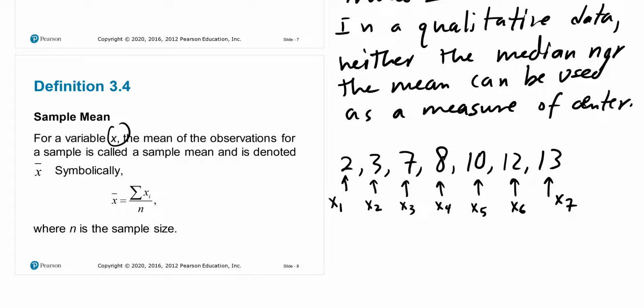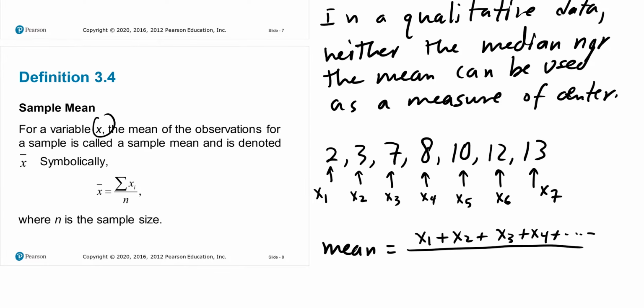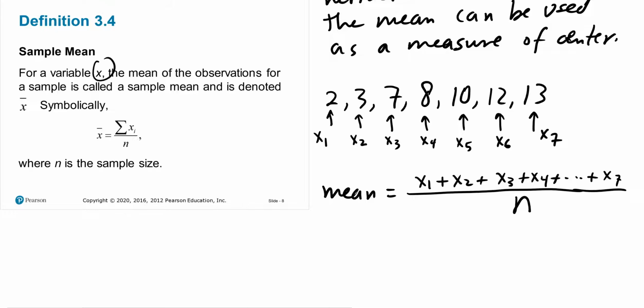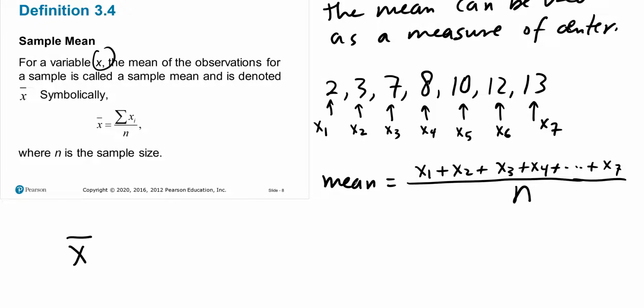So if I want to find the mean for this, as we showed you earlier, you add them all up: x1 plus x2 plus x3 plus x4 all the way to x7, divided by how many entries you have. But instead of writing it this way every time, we use x bar. X bar means x with a dash on top to represent the mean. And instead of adding all this every time, we can use the sigma notation.